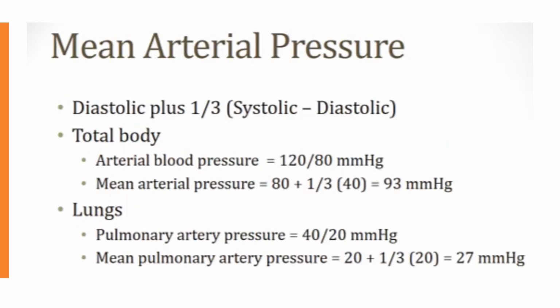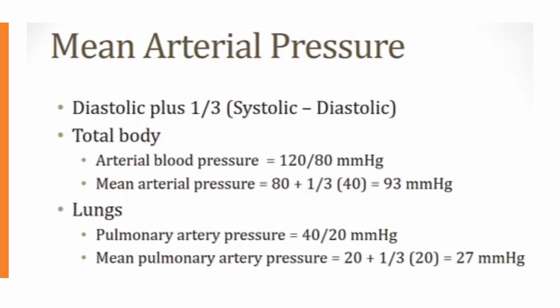What is mean arterial pressure? It is basically diastolic blood pressure plus 1 by 3 into pulse pressure. Pulse pressure is basically systolic minus diastolic. So total body arterial blood pressure is 120 by 80, and mean arterial pressure will be 80 plus 1 by 3 of 40, that is equal to 93 mmHg.